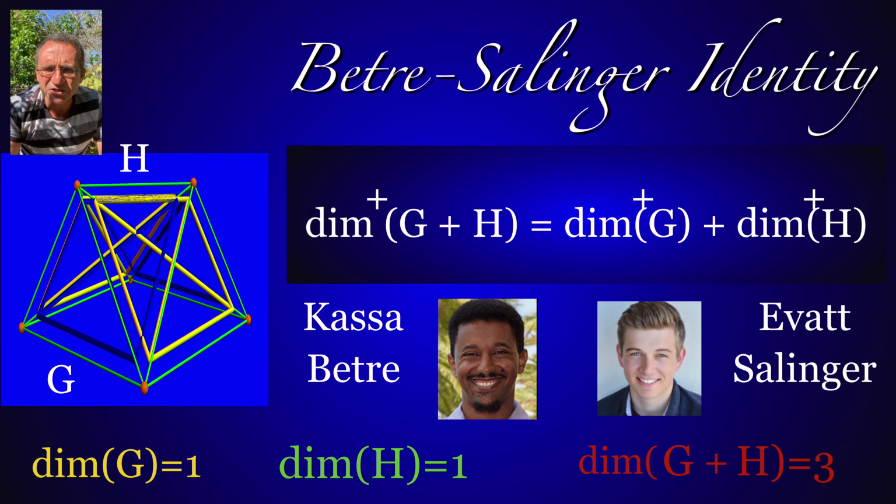For the inductive dimension, we have to take the augmented version. So here we see an example of a circular graph and a complete graph with two elements. Both have dimension 1, and their sum has inductive dimension 3. That's an example of that identity.